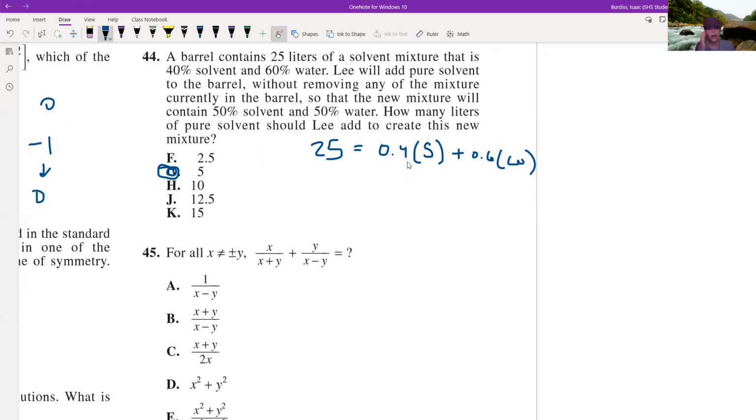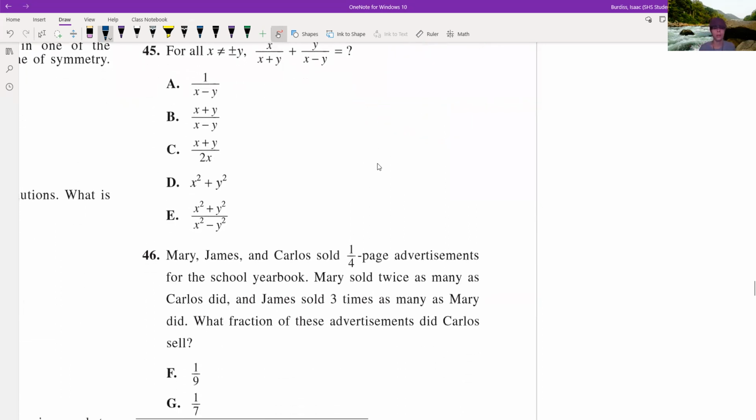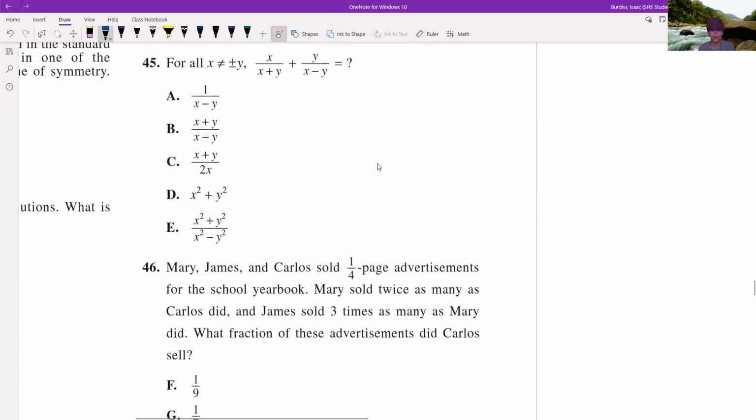You need to figure out what it is in the first place, and then if you added it to that, so if S plus 5, I don't know, just comment below if you know what I am not thinking of, because I did think of it then. I should have written my work out, but I guess you don't really have a lot of time anyways.